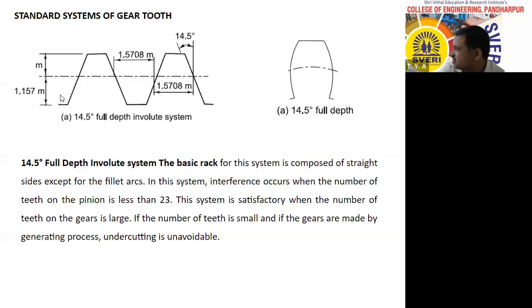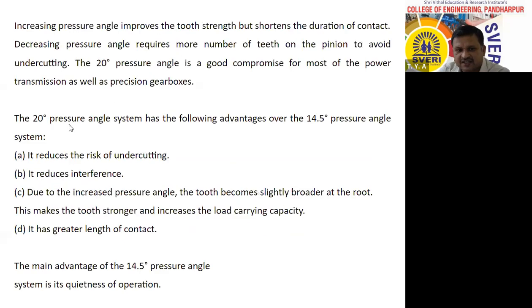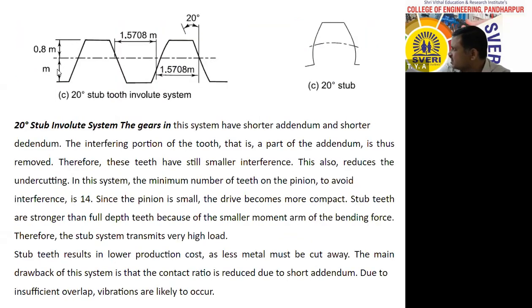Force आणि हे distance, त्याच्यामुळे काय तयार होतो, मोमेंट. मग डिस्टन्स जर वाढलं तर मोमेंट काय होणार, जास्त होणार. इथं मोमेंट जास्त आहे आणि ह्या दोन्ही टीथ पेक्षा याची मोमेंट काय असणार, कमी असणार. Because this distance means addition of addendum plus dedendum, that distance is reduced or decreased. Therefore, this also reduces the undercutting.